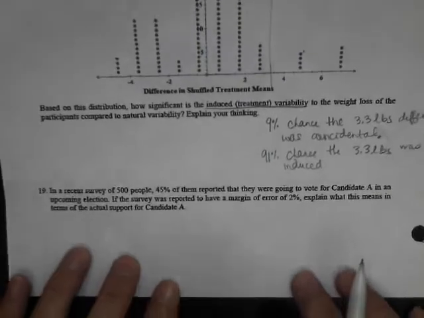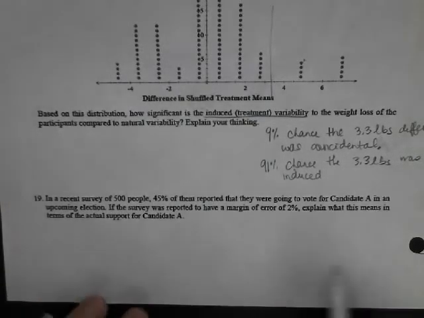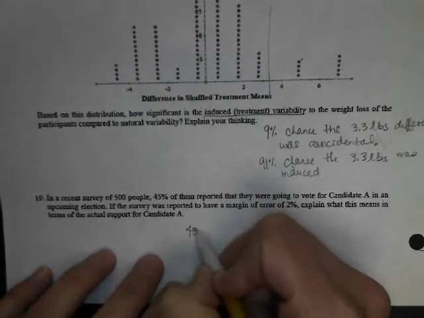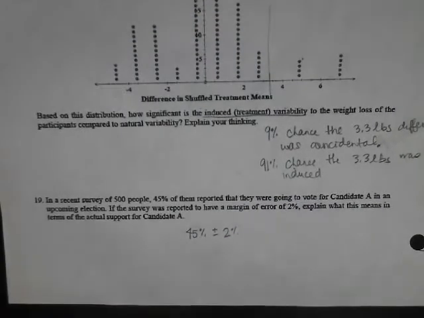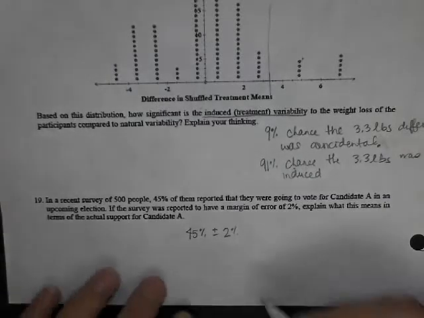In number 19, a recent survey of 500 people, 45% of them reported that they were voting for candidate A. The survey was reported to have a margin of error of 2%. So 45% plus or minus your margin of error. Explain what this means in terms of the actual support.